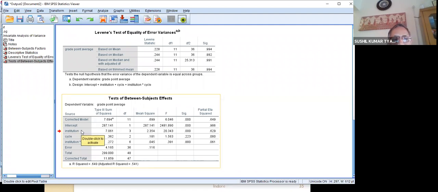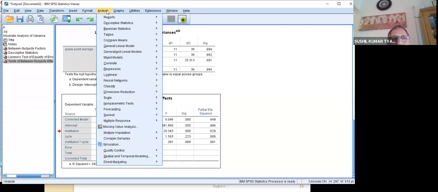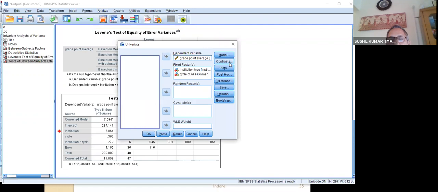Now there are two ways. One is conducting the contrast test. The other is conducting all the permissible post hoc tests. So first I deal with the contrast test. Analyze, general linear model, univariate, and then contrast.